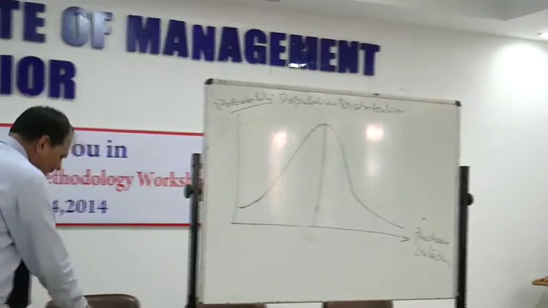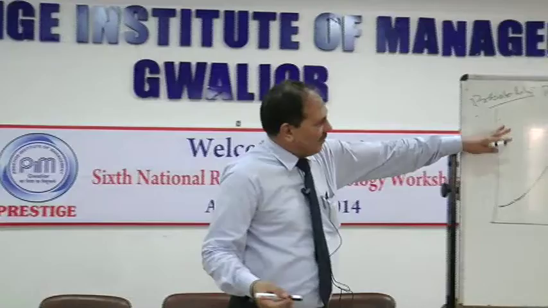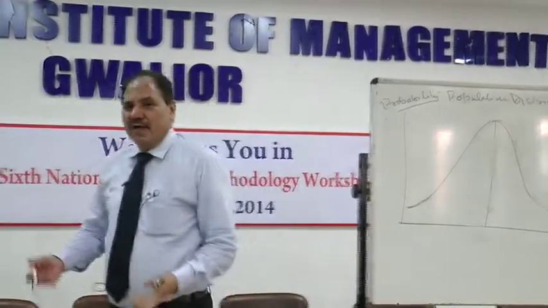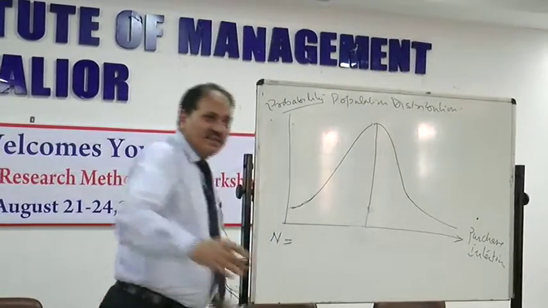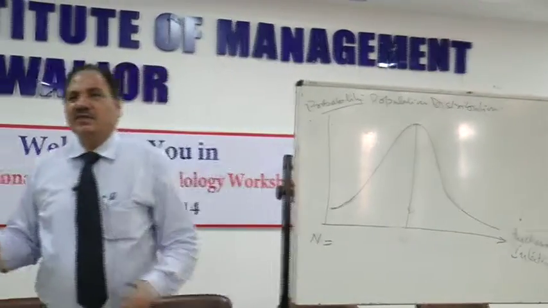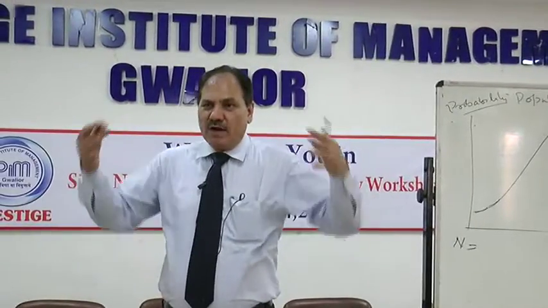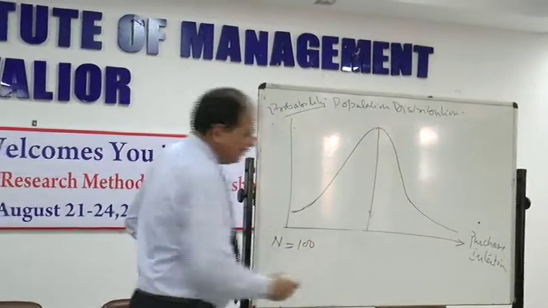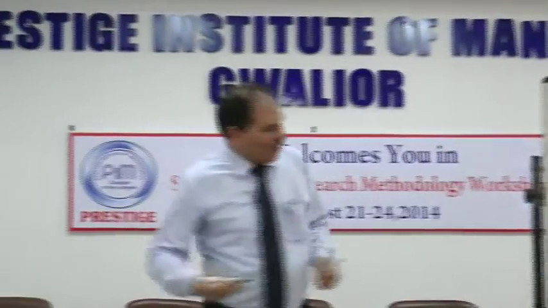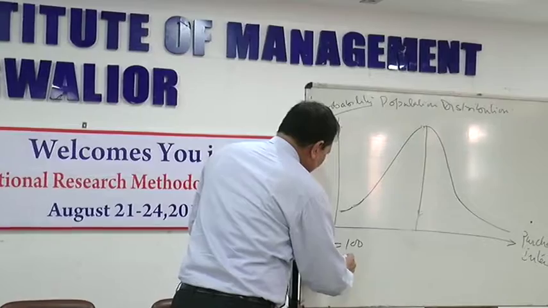If I draw a number of samples from this population, the first part is how many samples can I draw? Suppose the population size n is, like in this workshop, the total number of respondents is 100, and I want to draw a sample of 50.